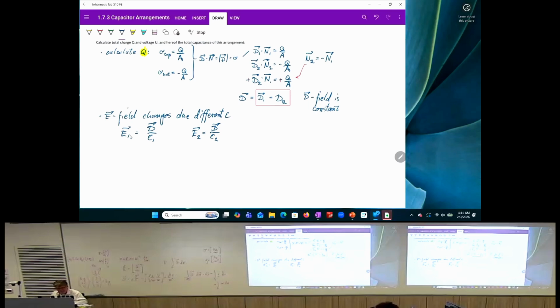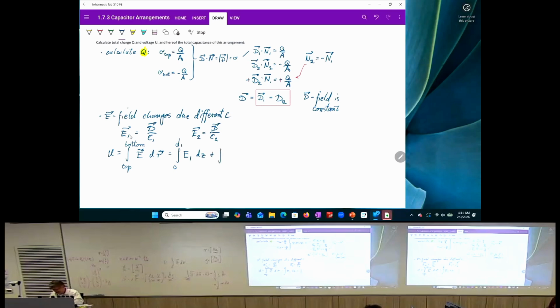Take the voltage. You obtain that by integrating the electric field from the top to the bottom. Luckily, the E field is oriented only in z direction, so we can drop our vectorial considerations. We integrate E1 over dz from 0 to d1.